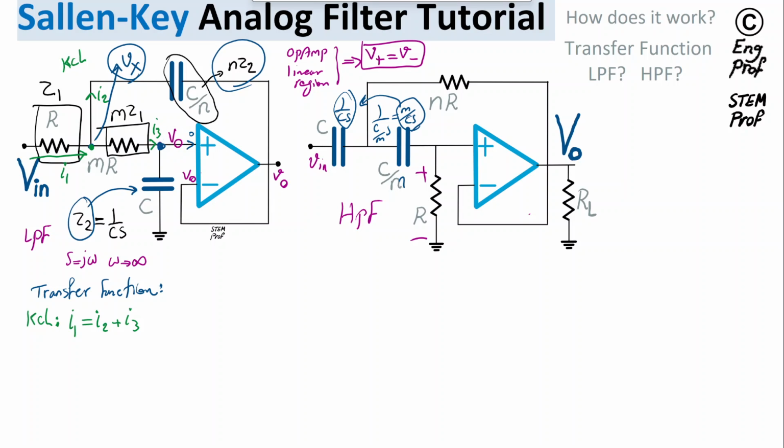I can say Vout is equal to Z2 divided by MZ1 plus Z2 times Vx.